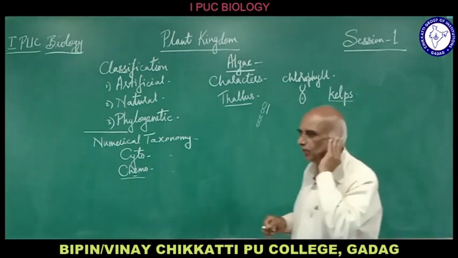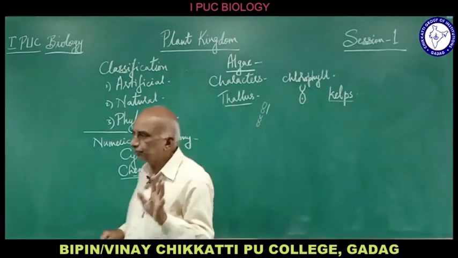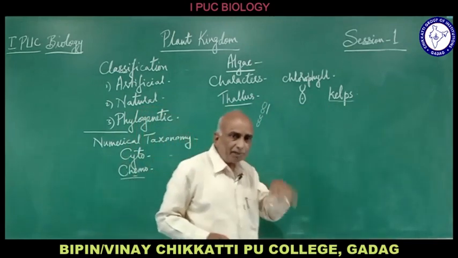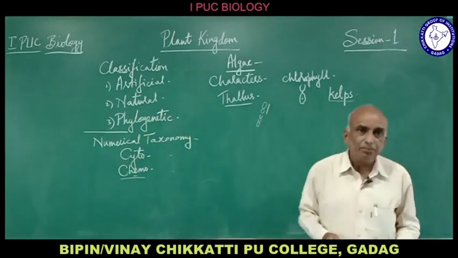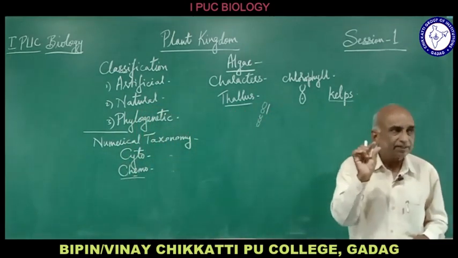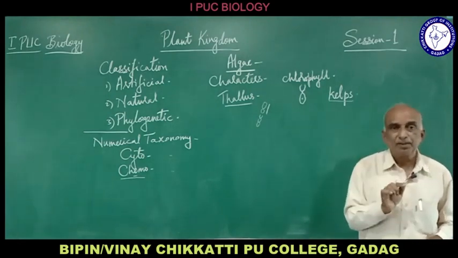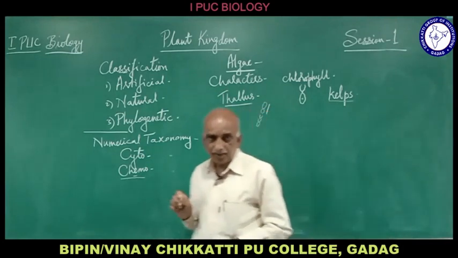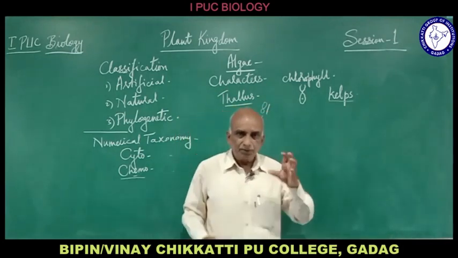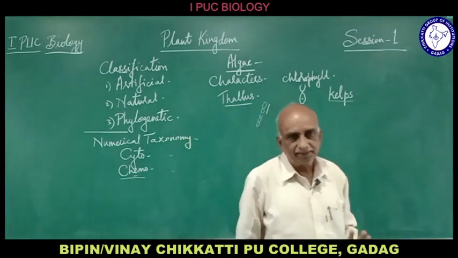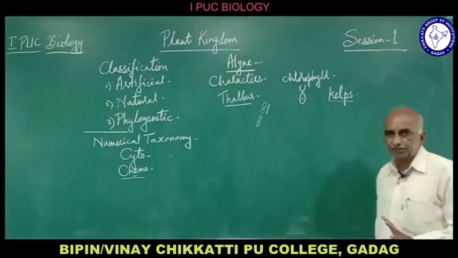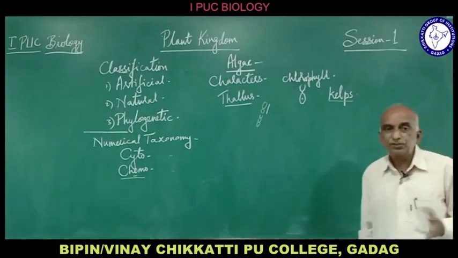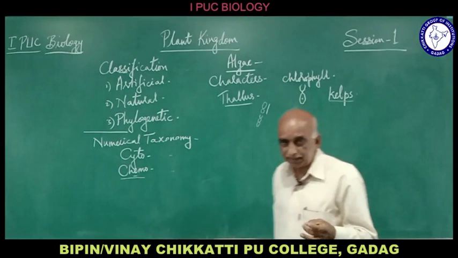And there are also algae where the filaments or the algae body produces certain structures called bulbils and certain structures called protonema on their surface. So they separate and grow into a new organism. So that is also by vegetative method. And asexual method. So vegetative, asexual, and sexual.